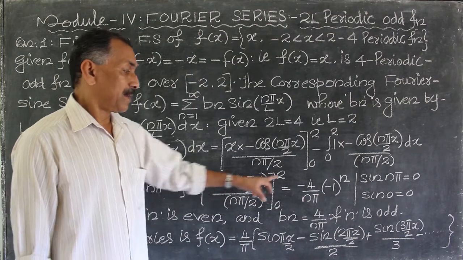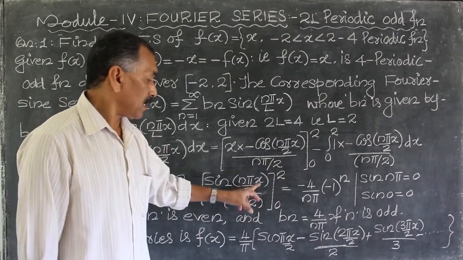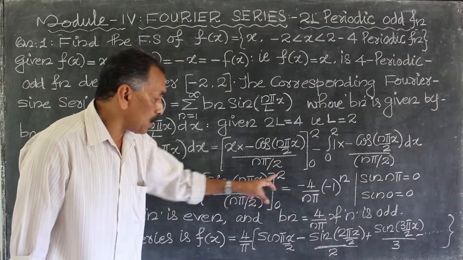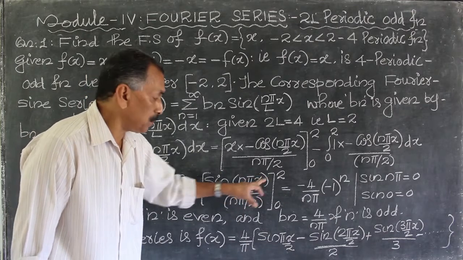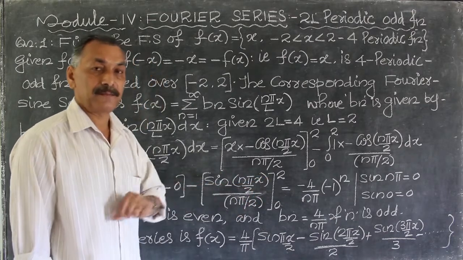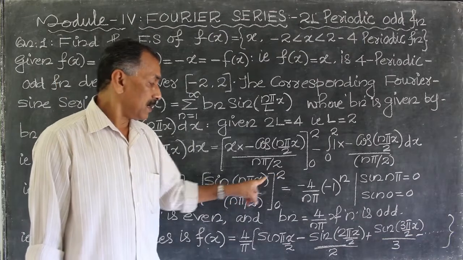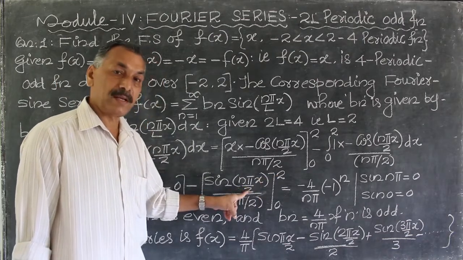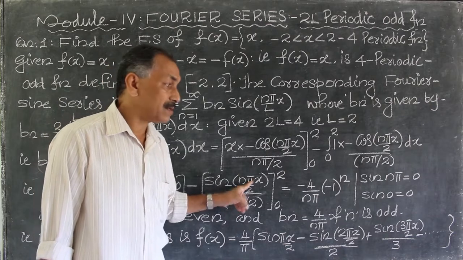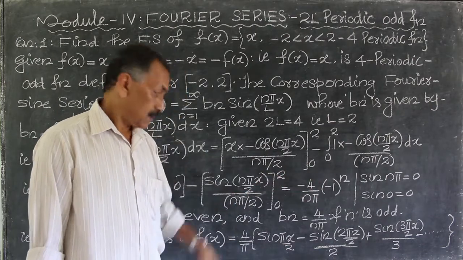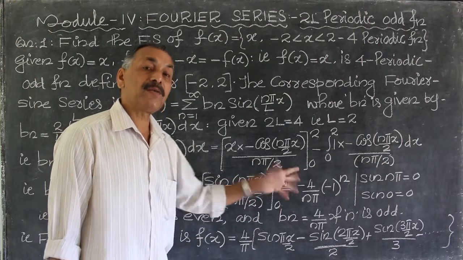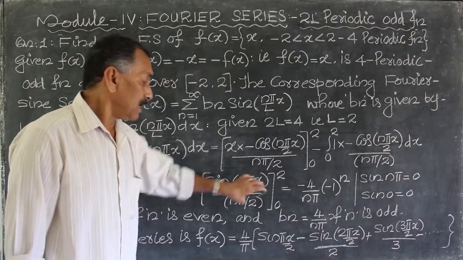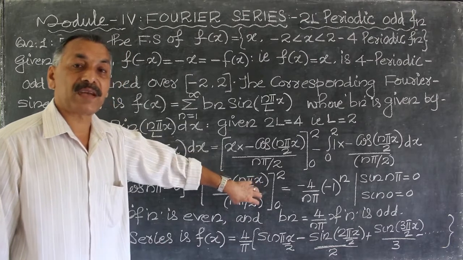For the second term, applying the upper limit, sin n pi by 2 times 2, the 2 cancel, gives sin n pi. What is sin n pi? Sin n pi is equal to 0. Minus the lower limit sin 0, and sin 0 is 0. Then the value of the integral of the second term is 0.